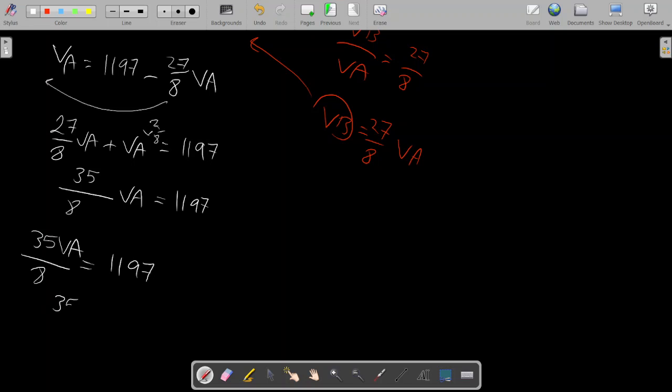So 35 VA is going to be equal to, I'm going to do a quick calculation, 1197 multiplied by 8, which means that 35 VA is going to be equal to 9576.